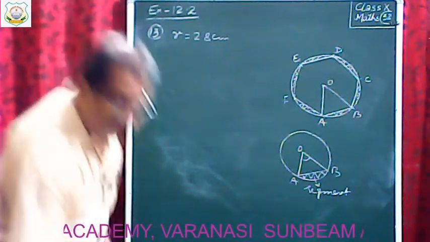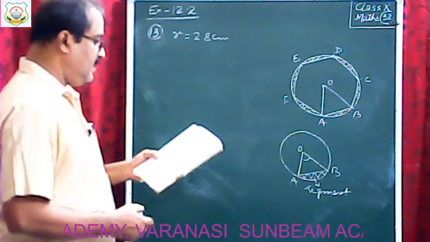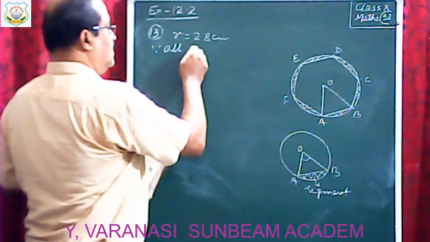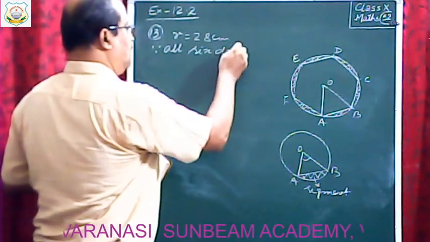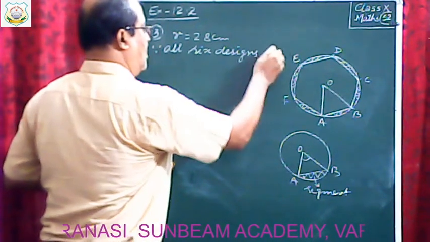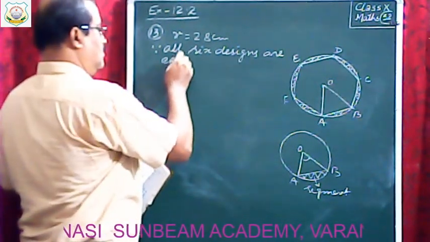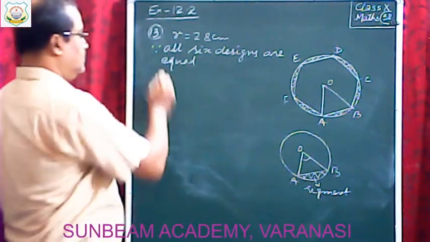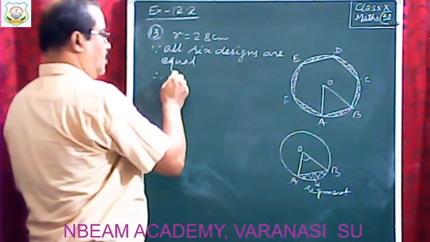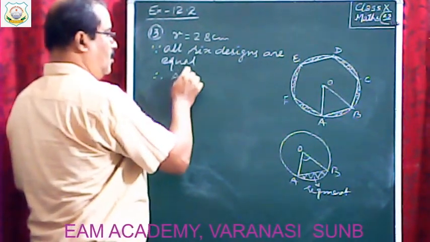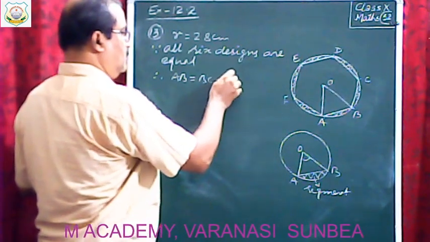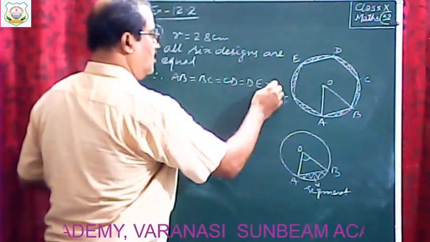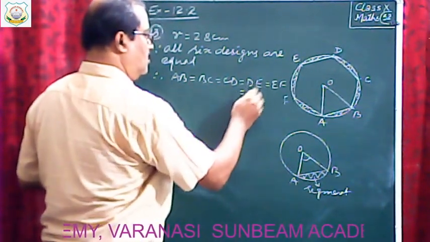So first of all you have to write what designs are given. Since all 6 designs are equal, therefore chords are equal. AB equals BC equals CD equals DE equals EF equals FA.